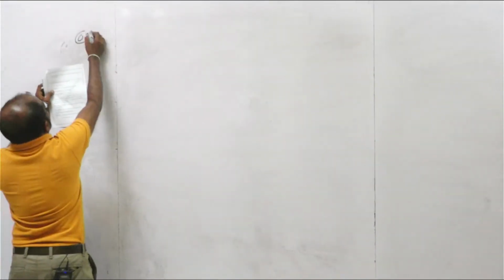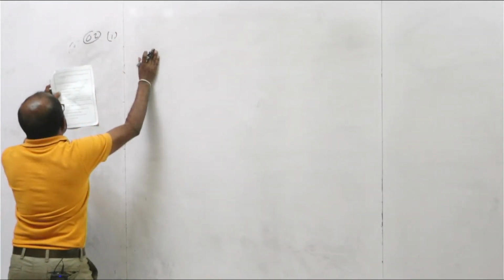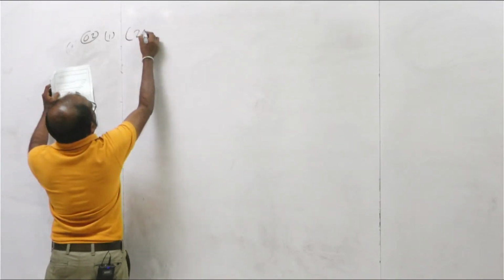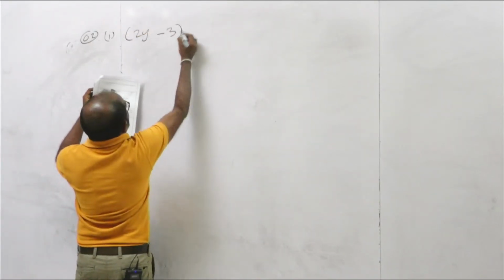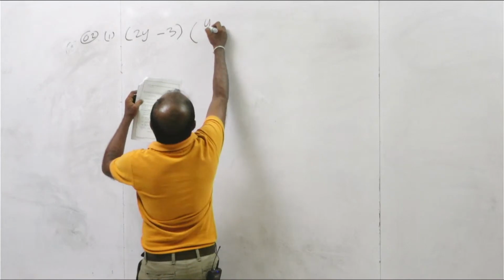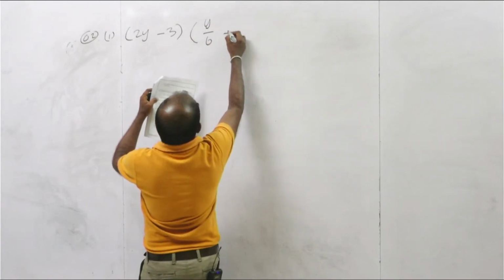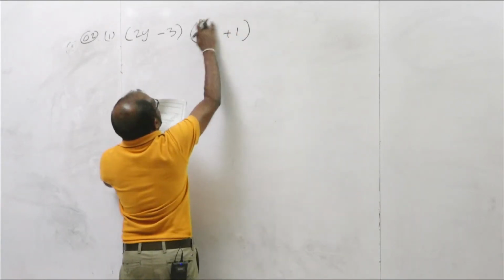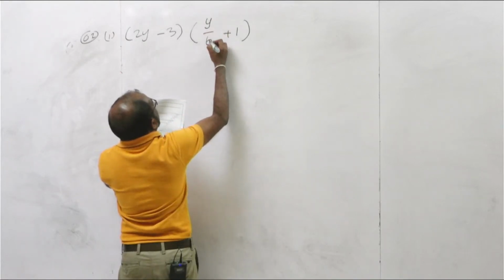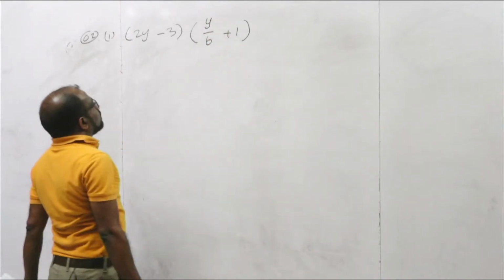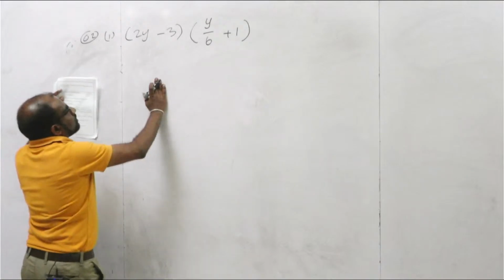Question number 2, part 1. You are asked to multiply these 2 binomial expressions: 2y minus 3 over y over 6 plus 1. How do we multiply these?